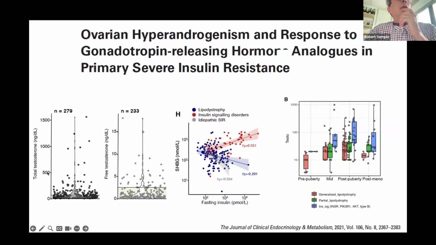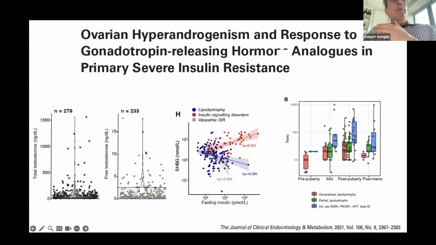I'm sorry, these are in US units, but the normal range is indicated here, so that's about 2 nanomoles per liter. And you can see that there is a wide range. It's not at all uncommon for people to get up into the 5 to 10 nanomole per liter range. Indeed, I think one of the cases which I'll show later on has a testosterone level which gets up to about 50 nanomoles per liter in a woman.